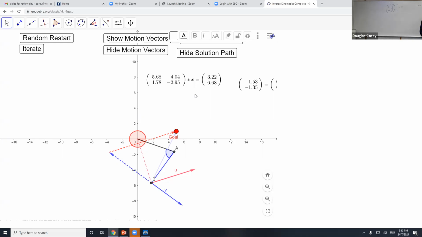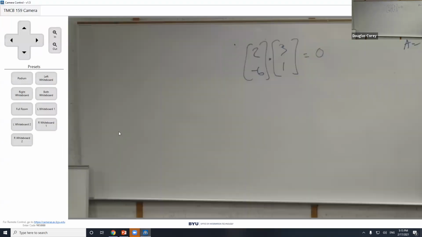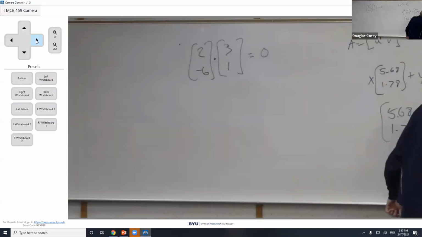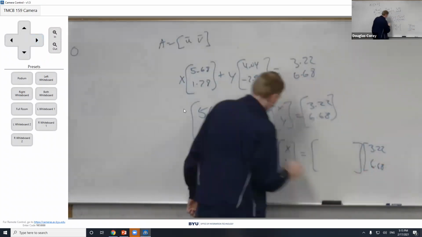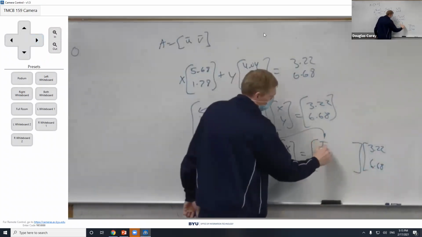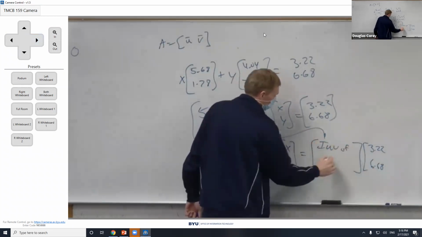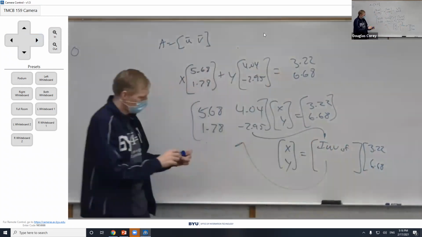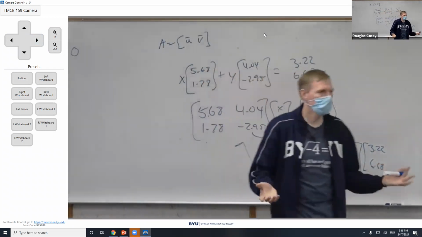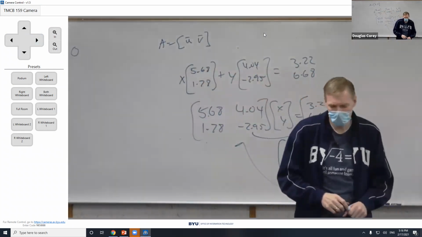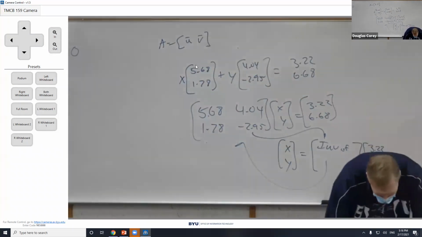So we can find x and y by taking the inverse. So take the inverse of this guy, put it right there and multiply. Really slick way to solve the system for a 2x2. So that's how I found those numbers.